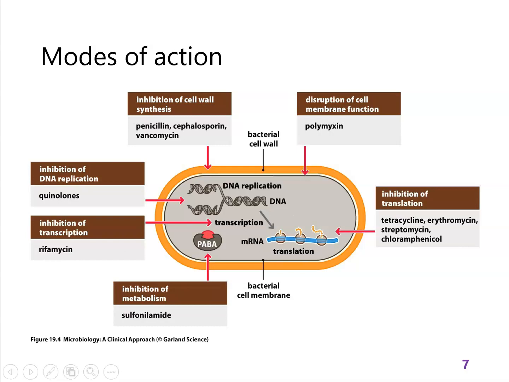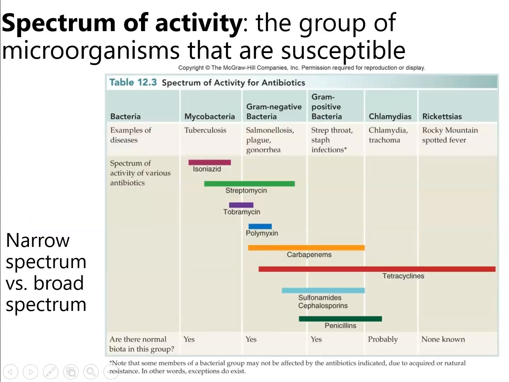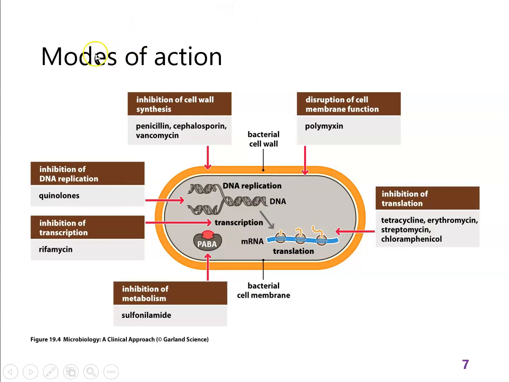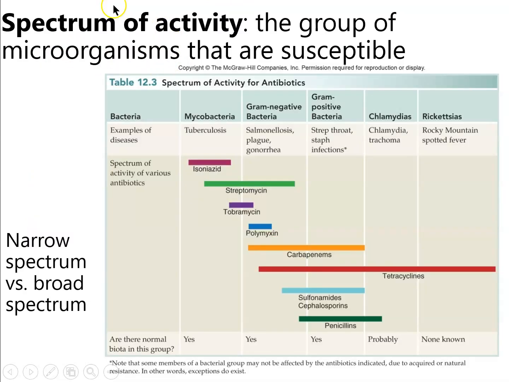The ones we're going to look at in detail today are the cell wall synthesis inhibitors, which is the majority of antibiotics, and then the inhibitors of translation. So that's the mode of action.